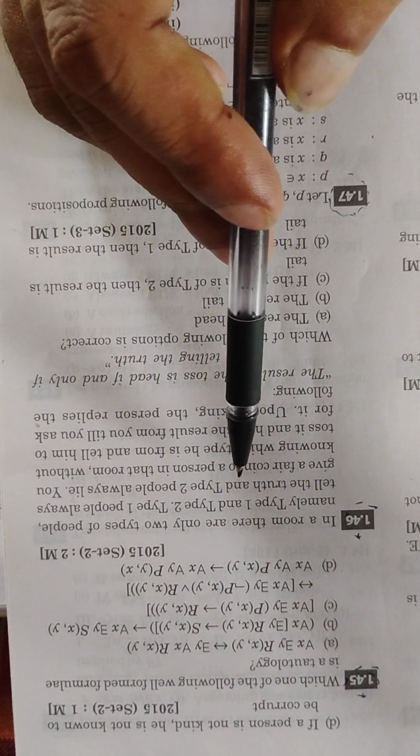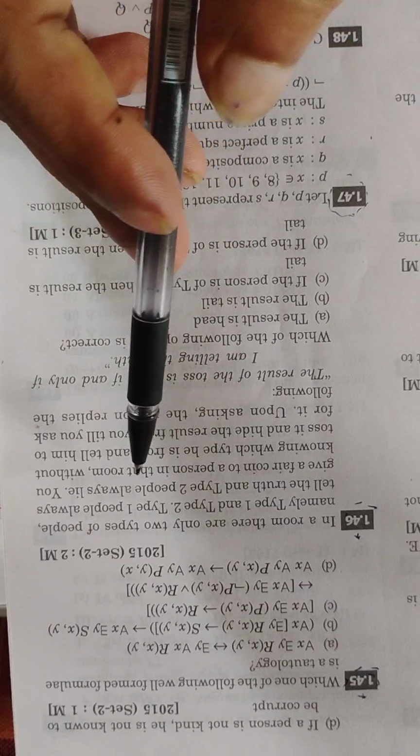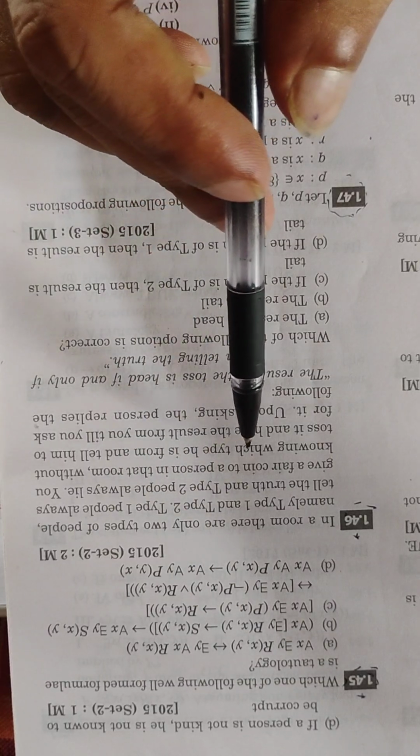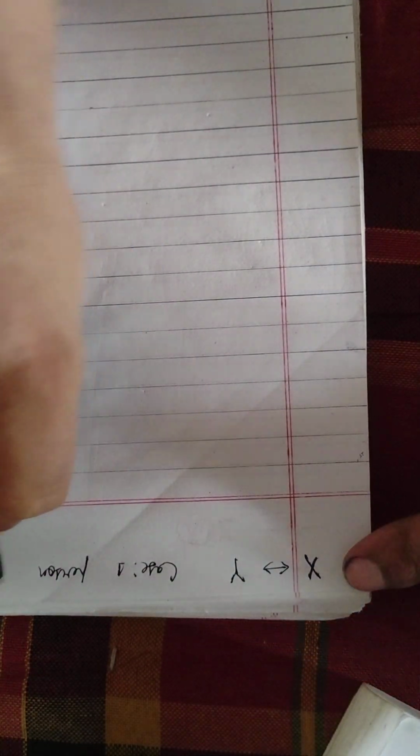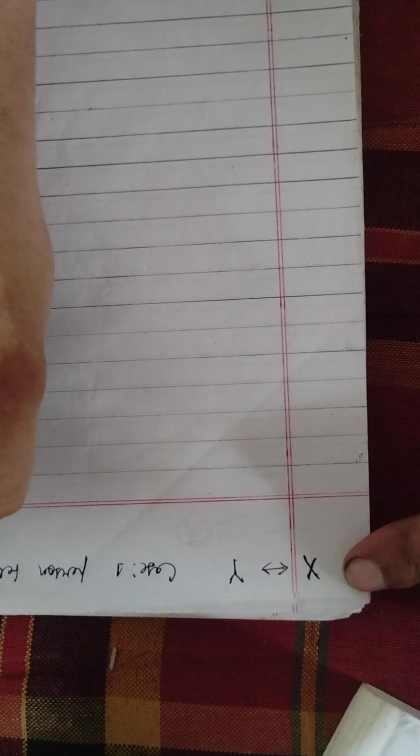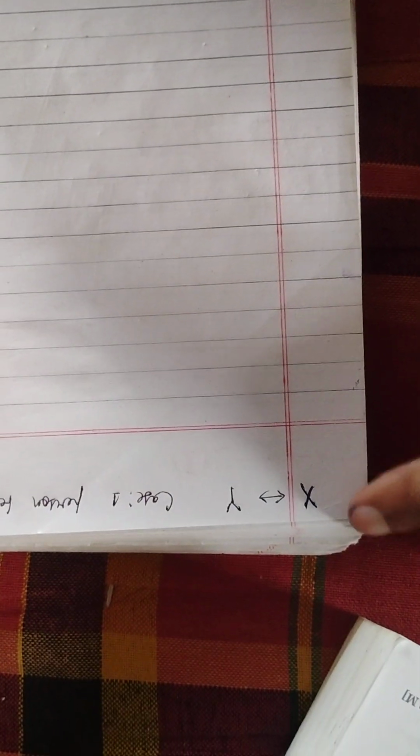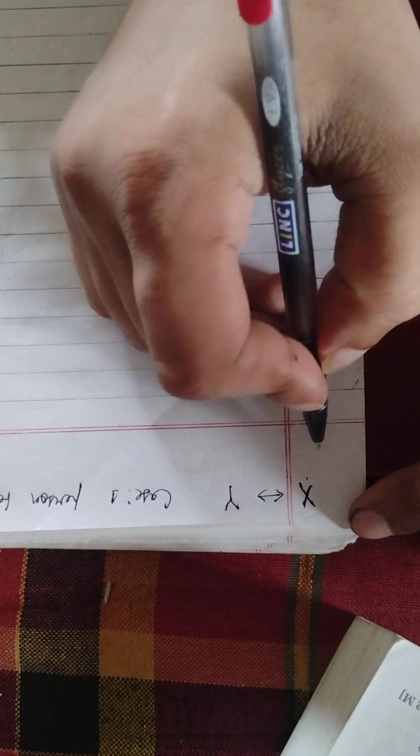Now in case 1, if you see what it says, it says type 1. Let us say case 1 is type 1, in which the person always tells the truth. Okay, so case 1 where the person tells truth. Say for example we need to find this x.